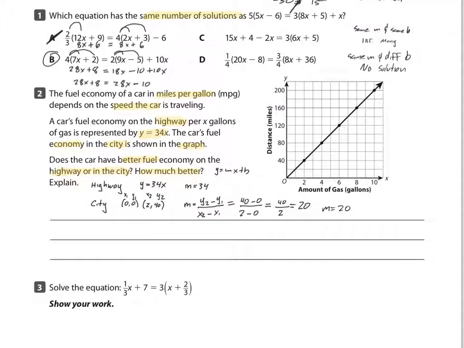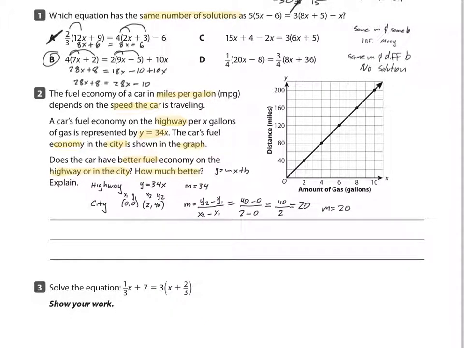So again, you're looking for which one has a better fuel economy. So if you're driving on the freeway, you can actually drive 34 miles per 1 gallon. If you're driving in the city, you can only drive 20 miles for 1 gallon.